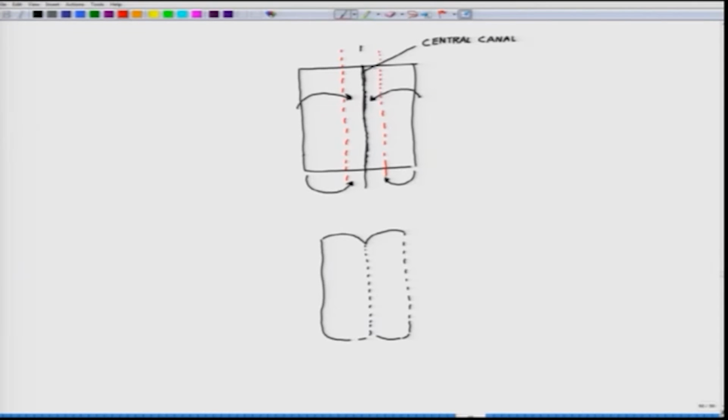On two sides of the central canal, where I am now putting all the red dots and demarcating on both sides, left and the right of it, this part is called, the arrow shown is called the ventral pathway or ventral horn, ventral pathway or ventral horn.